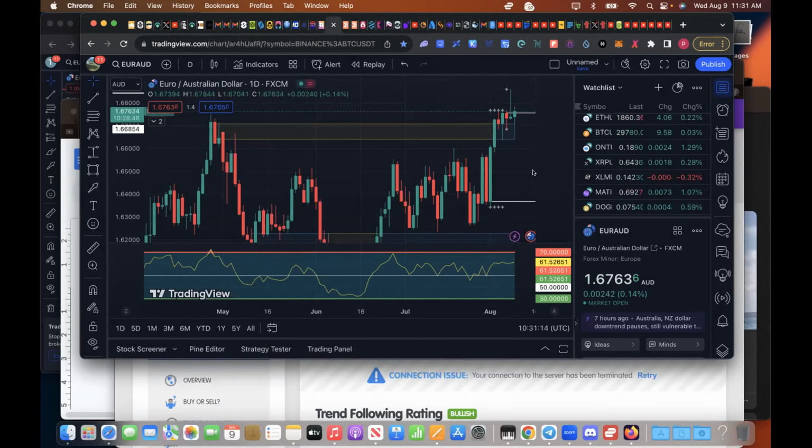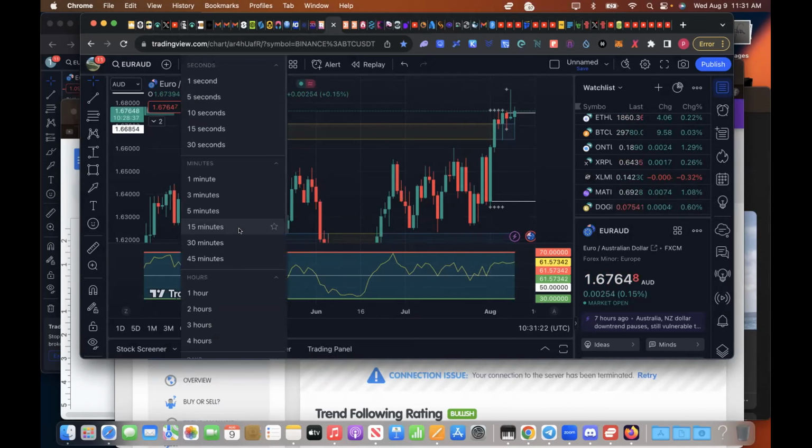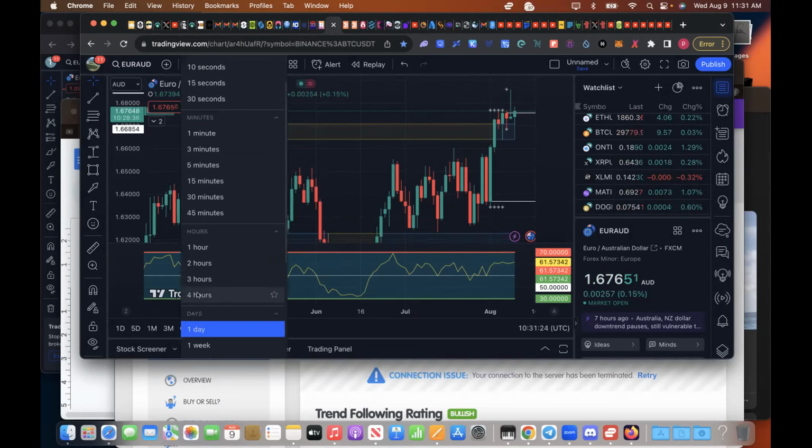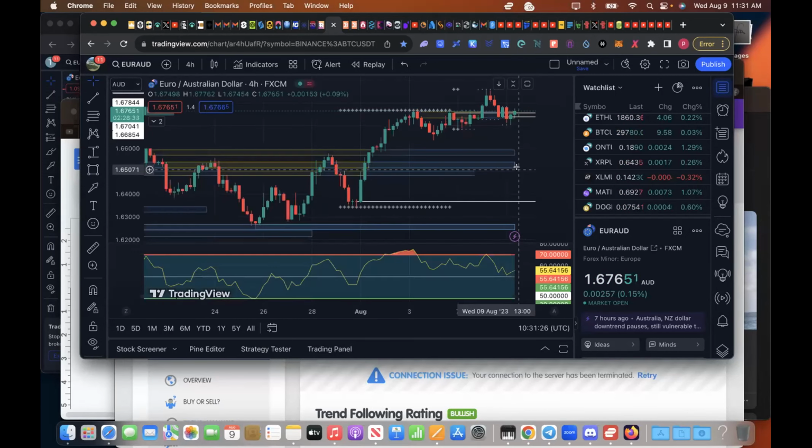We should be looking for an opportunity to sell. I'm sure most of them moved yesterday. Let's look at it. We should be looking for opportunity to sell Euro AUD.